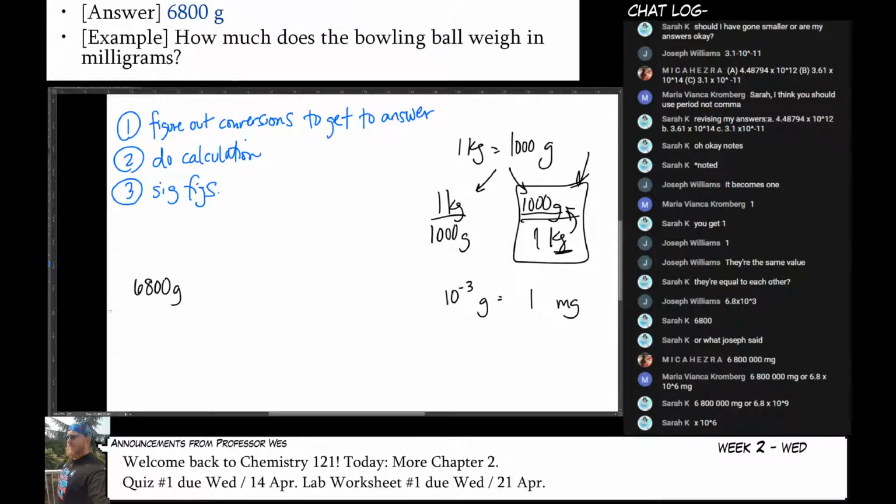Remember that milli and 10 to the minus 3 are the same thing, so they need to be on different sides of the equal sign. All right, so I can write that relationship in one of two ways. I can put the grams on top, or I can put the milligrams on top instead.